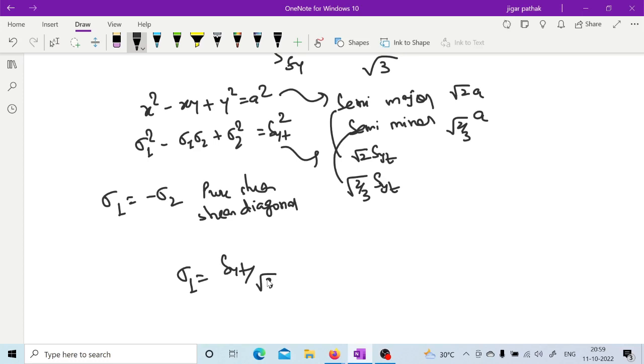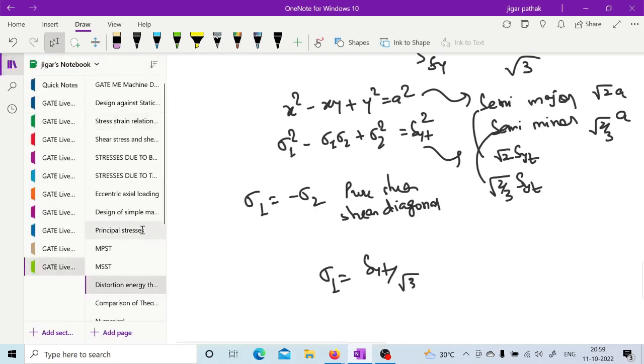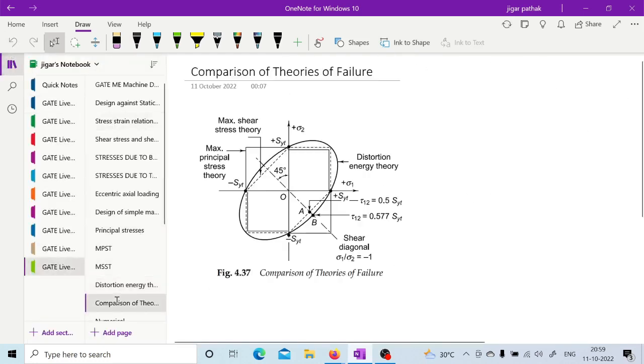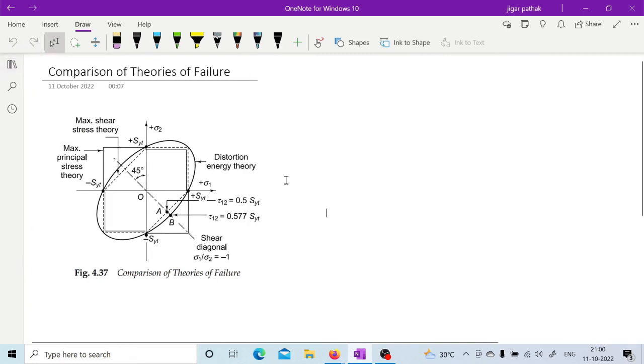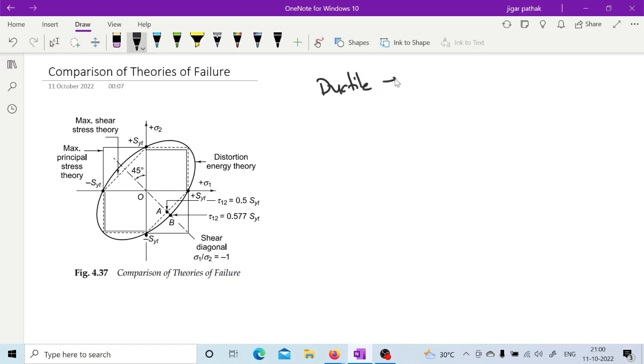Now after having an idea about all these three different theories of failure, here you have a comparison of the theories of failure. Basically for ductile material you use MSST and distortion energy theory, while for brittle material you use maximum principal stress theory.